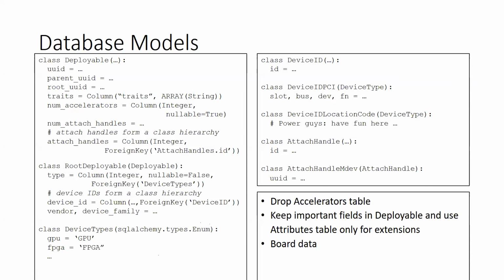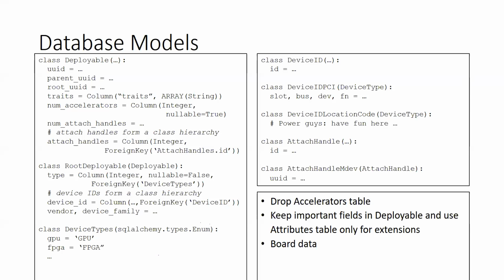When you map this back to the deployable table, you probably need to add some extra, for instance, the device ID. We'll talk about the implementation details later on.